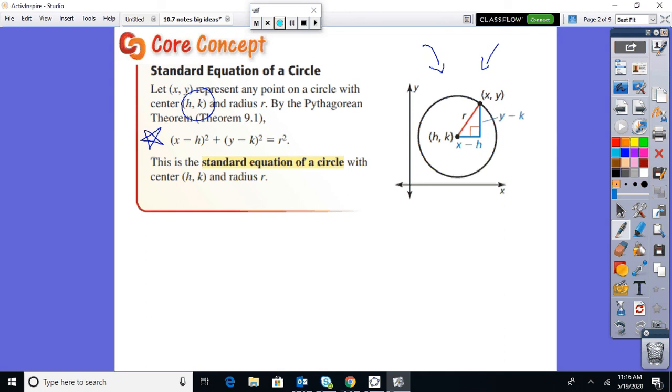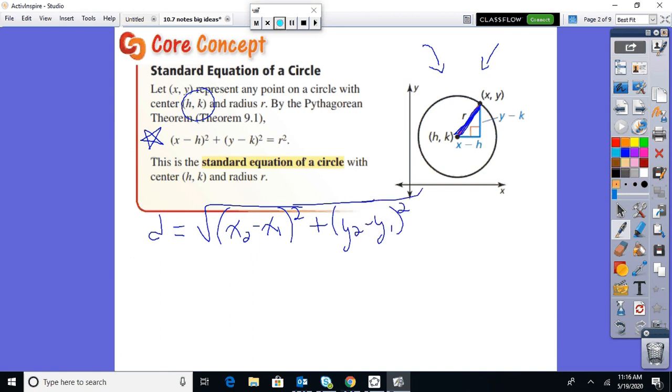All right, so now if I want to figure out where this whole thing is coming from, think about Pythagoras, AKA the distance formula. So if I want to get r, which is the hypotenuse of this thing, the distance formula tells us that we need to go x2 minus x1 quantity squared plus y2 minus y1 quantity squared, all right, square root of all that.